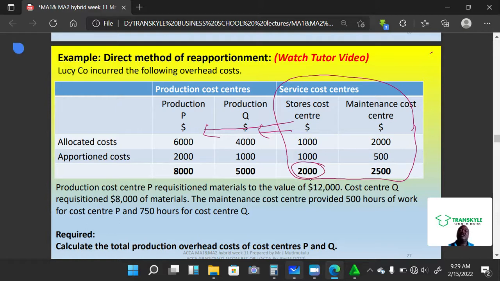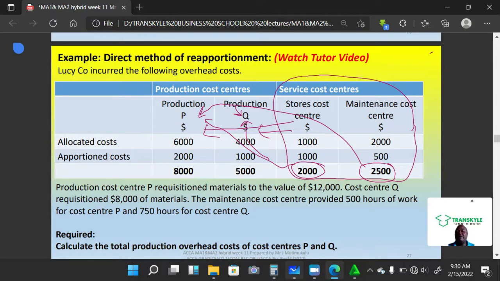That's 1,000 plus 1,000, 2,000, and these 2,000 should be shared between production cost center P and production cost center Q. Similarly, the 2,500 here, that is the total cost for the maintenance cost center, 2,000 plus 500, 2,500, also needs to be shared between P and Q. Are we together? Yeah, that's the trick here.